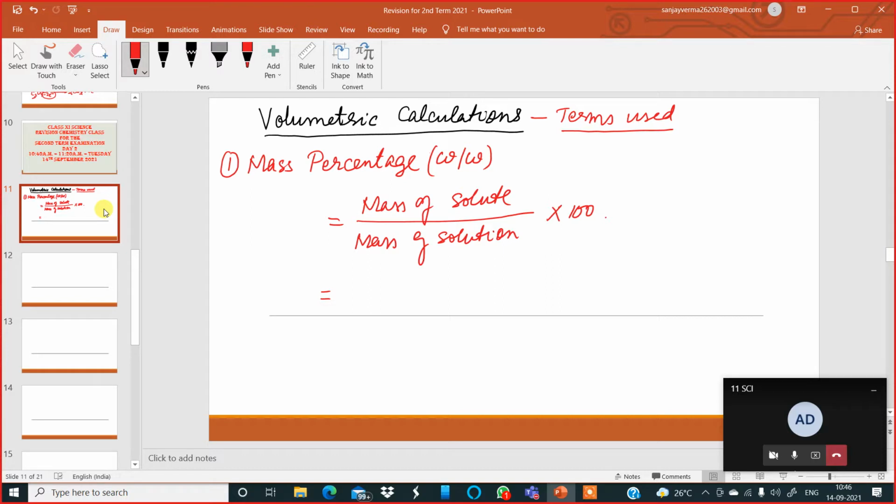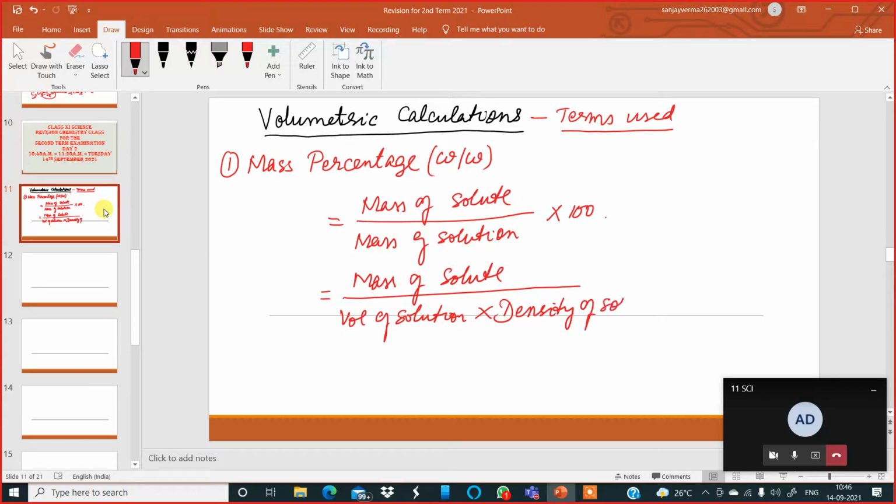In that situation, the formula for mass percentage of the solute becomes mass of solute divided by volume of solution into density of solution, into 100.